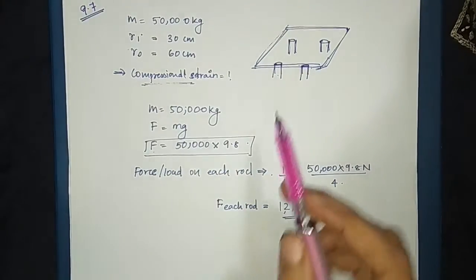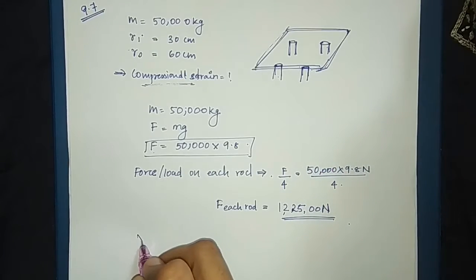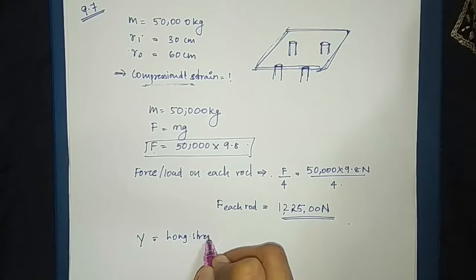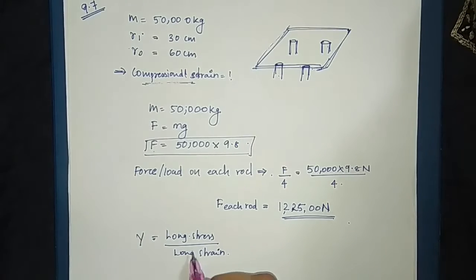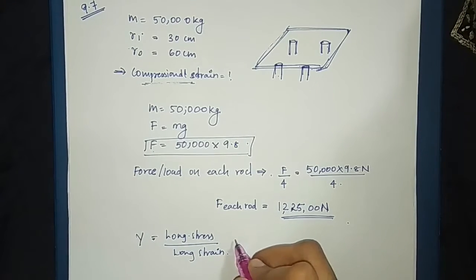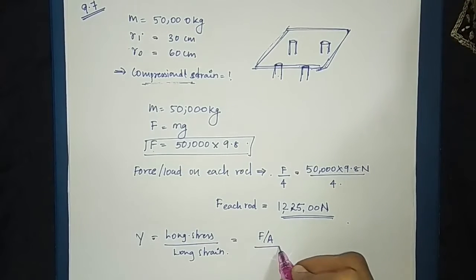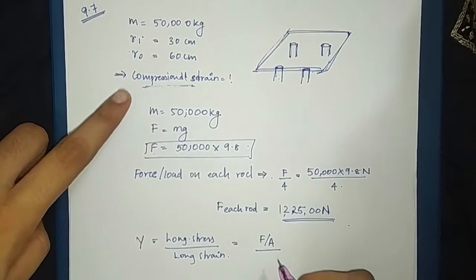Now, because it is a compression, it will be related to the Young's modulus. So Young's modulus is, as we know, longitudinal stress divided by longitudinal strain. So stress is given as force by area. We can directly write the strain because we have to calculate the strain.